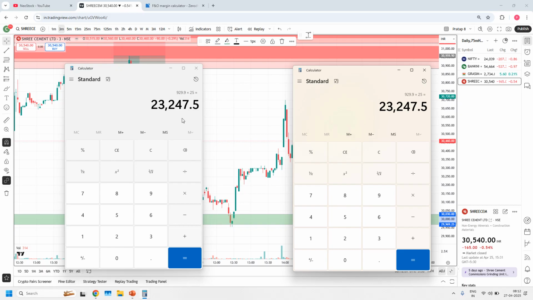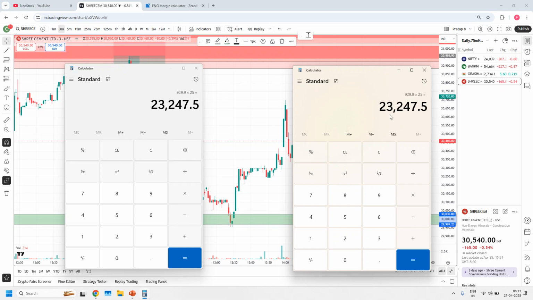Okay, now the most important thing comes into the picture. How much money are you investing for buying equity? And how much money are you investing for buying in futures?